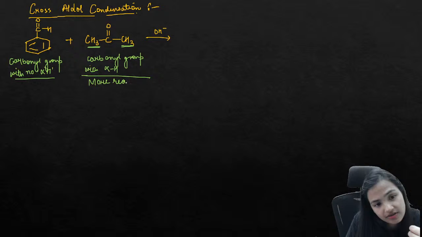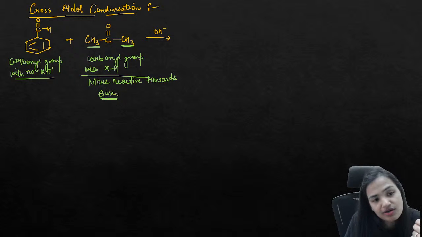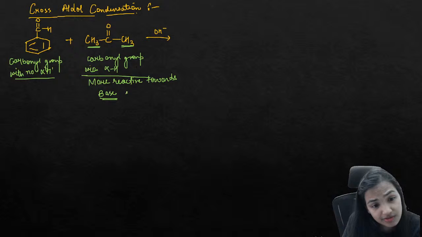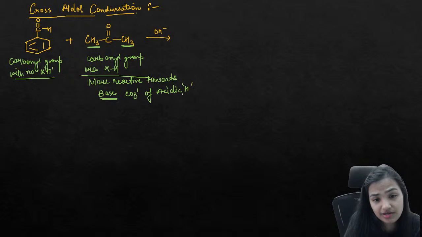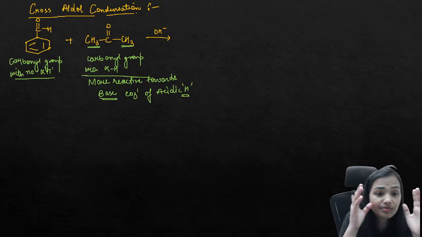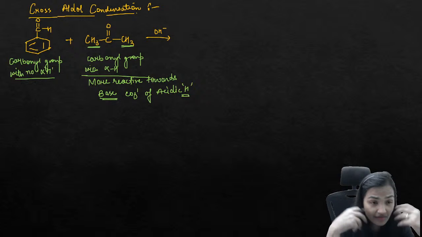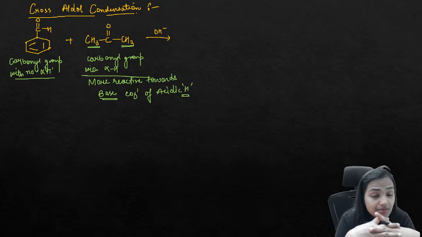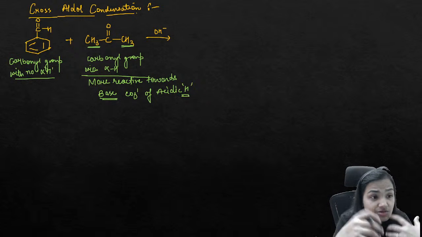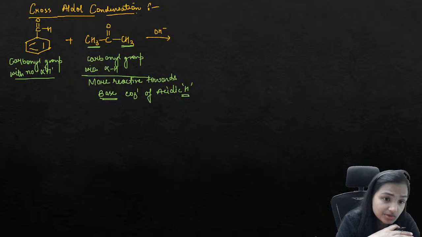Here, this is going to be more reactive towards base because of acidic hydrogen. If I am having a base in the reaction and I am having H positive, and H positive is more reactive than the electrophilic carbon.